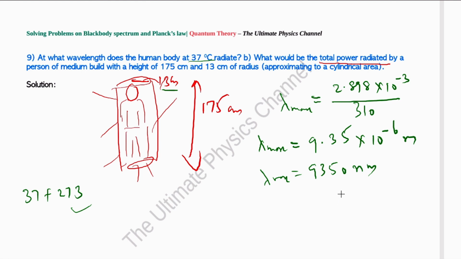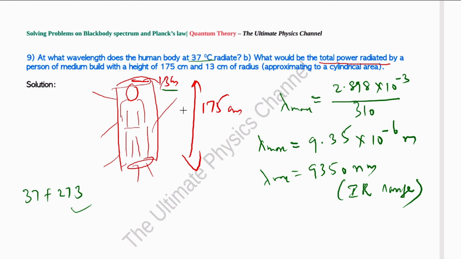So this is clearly in the IR range, right? Infrared of the electromagnetic spectrum. So that is a wavelength at which the human body radiates if it is at a temperature of 37 degrees centigrade.